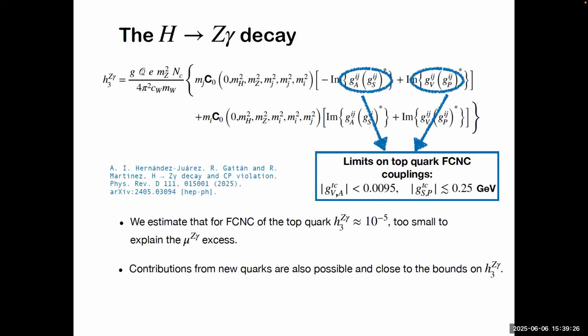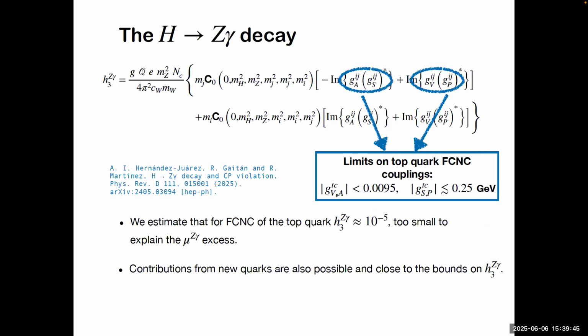We can use limits on flavor changing neutral current couplings of the top quark. We expect the more relevant results from top quarks running in the loop.